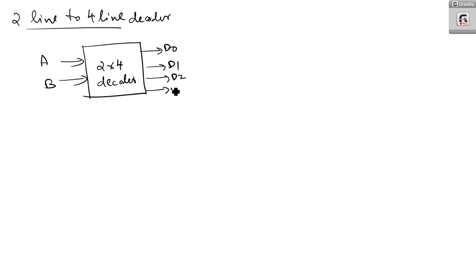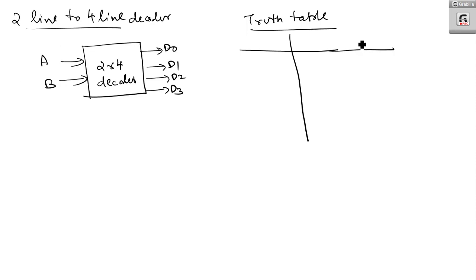Now for the truth table: how many inputs are there? Only two inputs, A and B. And the outputs are D0, D1, D2 and D3.